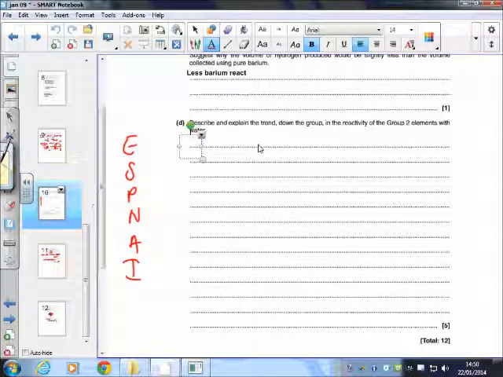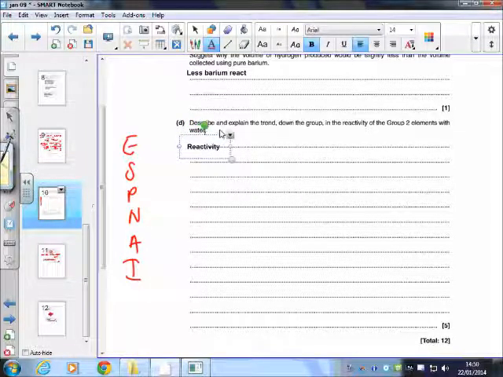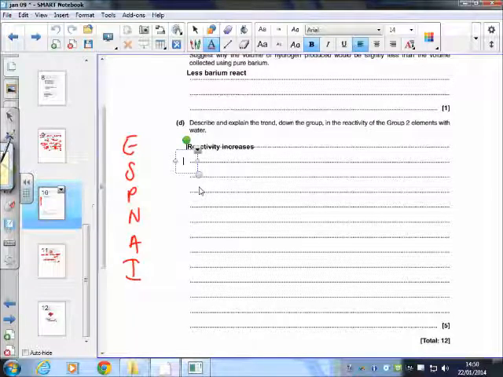So as we go down group 2, we're talking about trends with reactivity with water. So the first thing you need to state is that reactivity increases, and then explain why. So why does that reactivity increase? Because as we go down the group, that atomic radii gets larger.